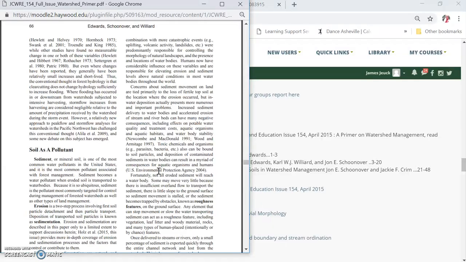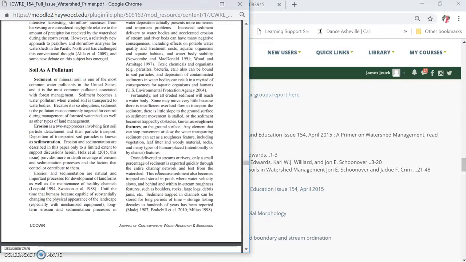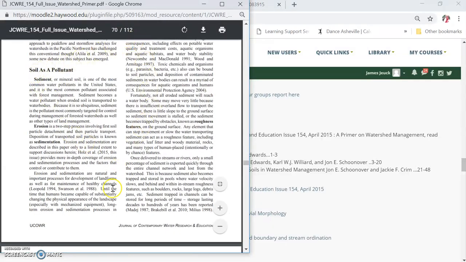But then the other thing I wanted to point out here gets into some erosion, and we've talked about erosion a little bit. We talked about erosion being a two-step process. First, erosion detaches the particle, and then it moves the particle further downstream, or into a stream, and then it drops it off as sedimentation.